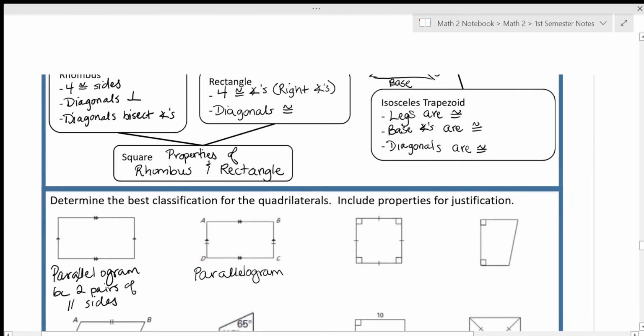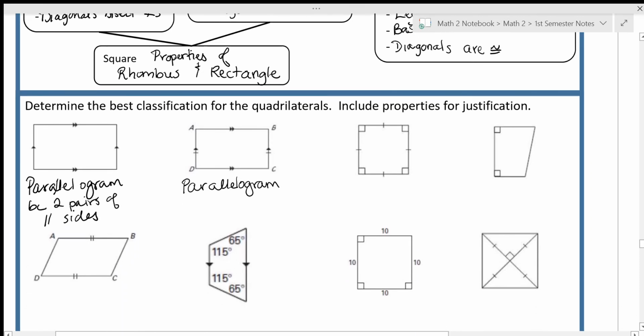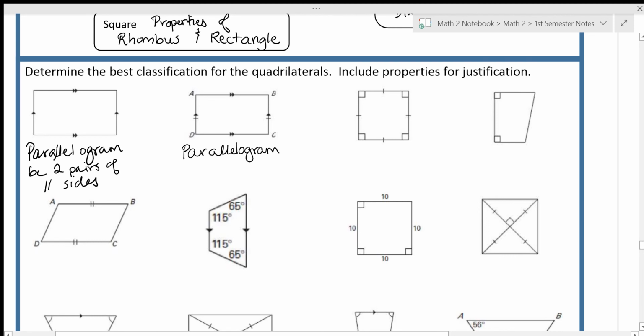If we want to call it a rectangle, we have to know that there are four congruent angles or congruent diagonals, and we don't know that. So all we know for sure is that this is a parallelogram, because it has two pairs of parallel sides and one pair of congruent sides.